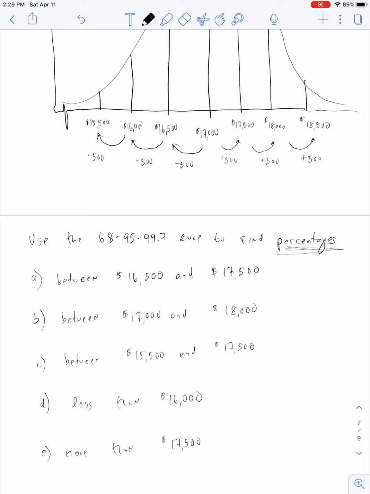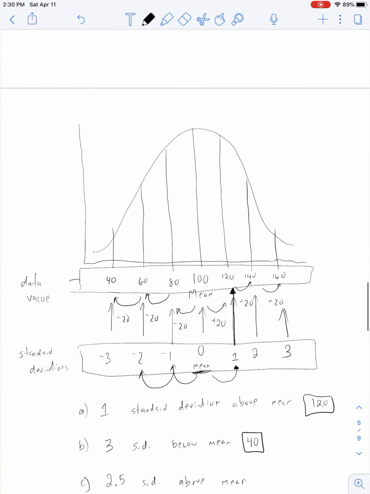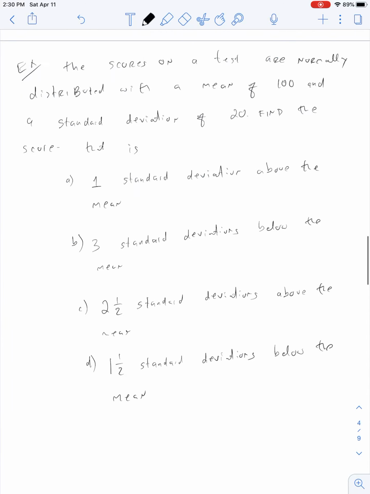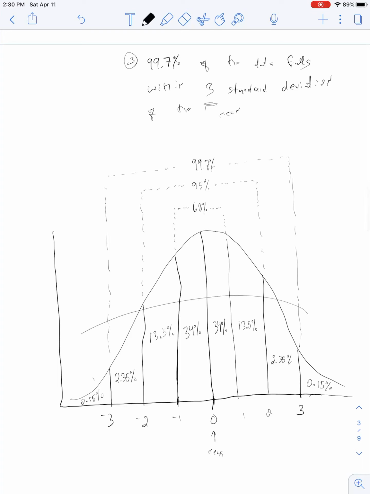So we want to find percentages, and we want to use this 68, 95, 99.7 rule. So take a look here. Right, this is where we started talking about our percentages, to the 68, 95, 99.7 rule.